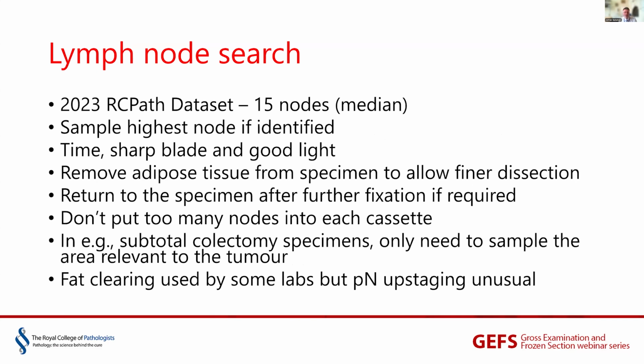I don't think there's any substitute for A, not being rushed during this process, we're looking for nodes, B, having a decent knife and good light, although of course you can also feel for the nodes as well. Be careful not to squash small nodes whilst you're doing that.